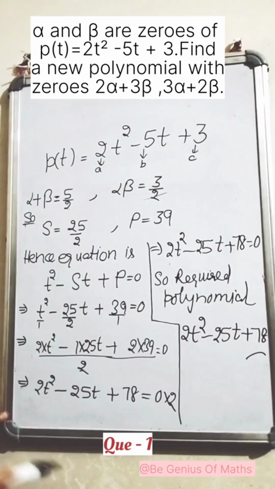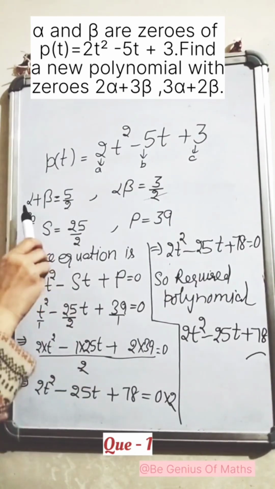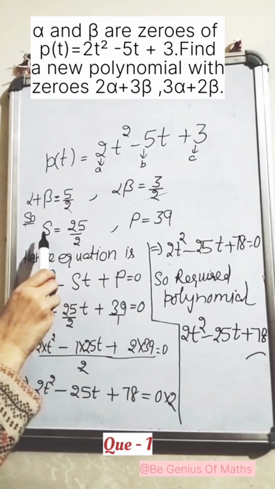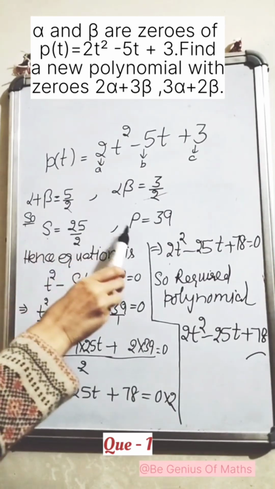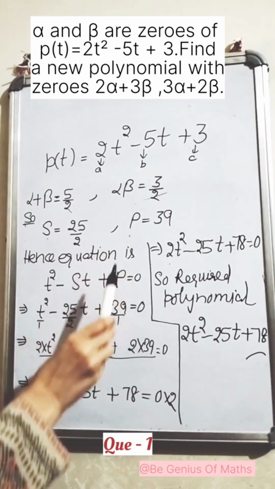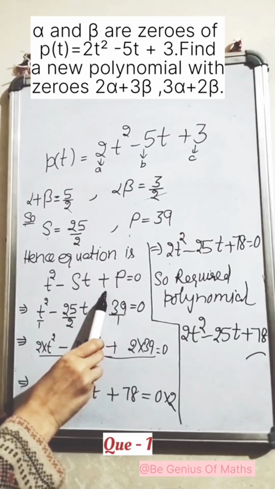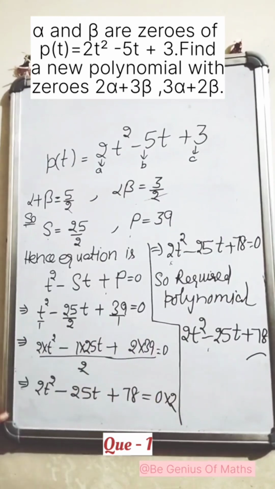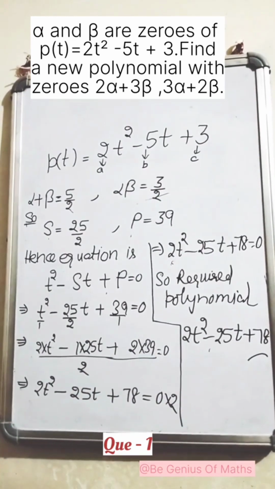To find this polynomial, first we have been given alpha plus beta, the sum of zeros, and the product of zeros. We have to find the new sum of new zeros, the new product of new zeros, then the new equation by formula, and then the new polynomial.